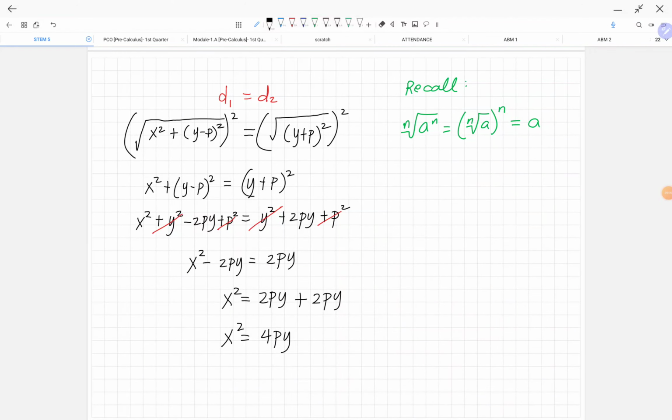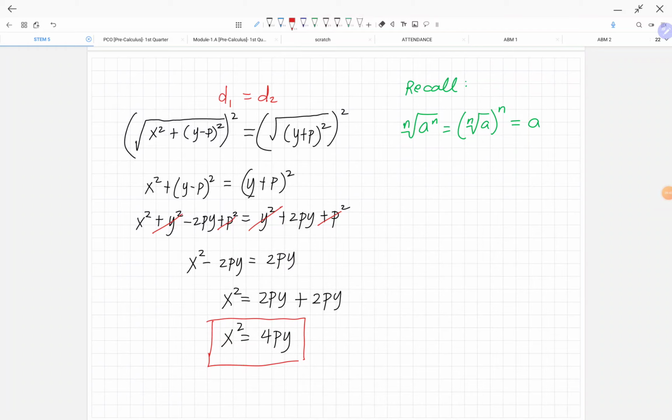And that's it. This is what we call the standard equation of a parabola that has vertex at 0, 0, and this parabola opens upward. So this will be our basis for the different types of parabola, those parabolas that open to the left, to the right, and that open downwards.